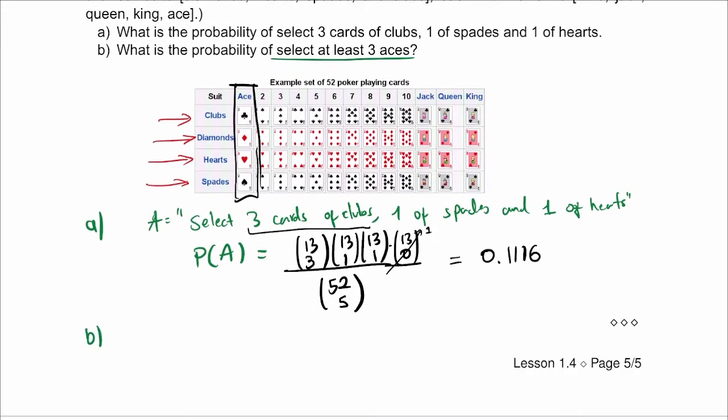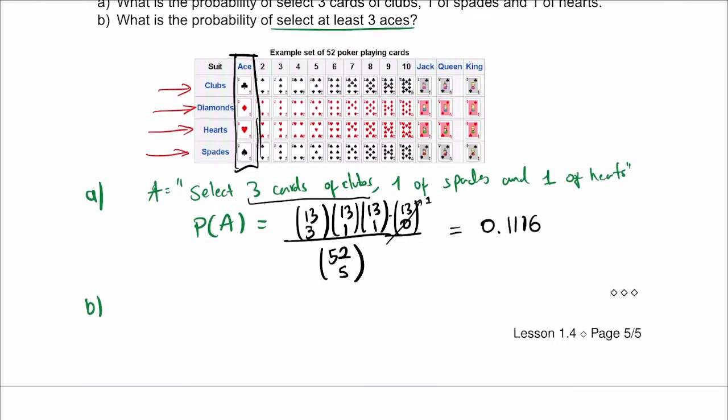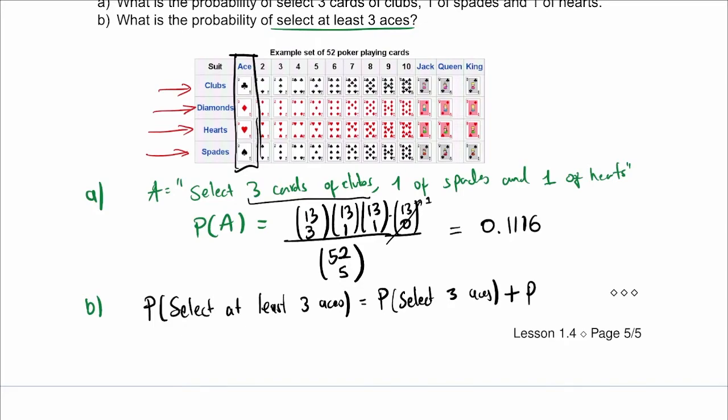So selecting at least 3 aces is the same as the probability of selecting just 3 aces, plus the probability of selecting 4 aces, right?